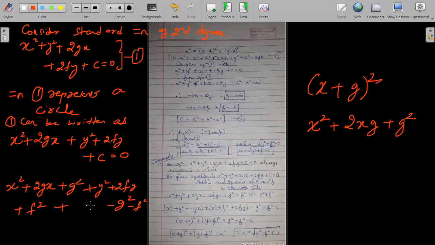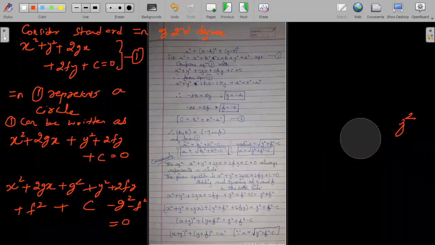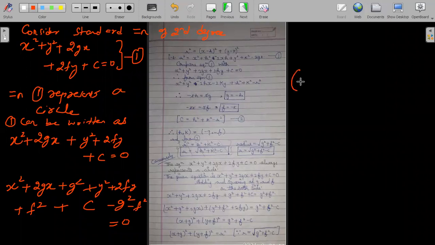And what we are left with is plus c, so this whole is equal to 0. Now if I combine the terms, the first term is x plus g whole square plus y plus f whole square.